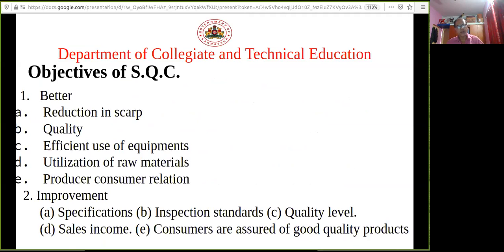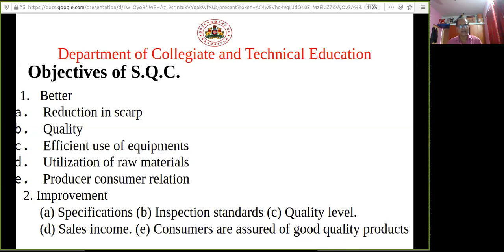There are many objectives of SQC. It's a very important aspect in statistical quality control. There are 5 points. The first point, A, says better reduction in the scrap.